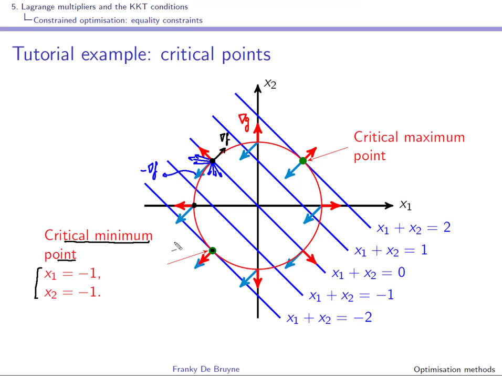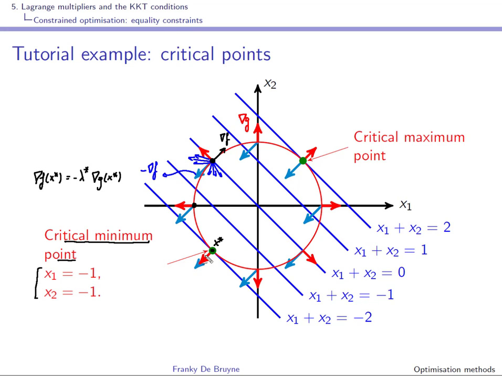In this point, we'll call it x star, we have that the gradient of f evaluated at x star is equal to minus lambda star times the gradient of g evaluated at that same point.